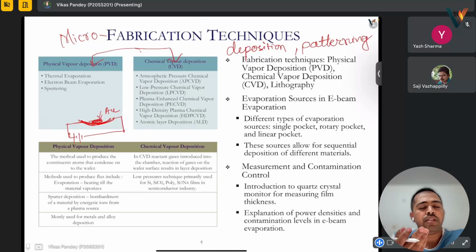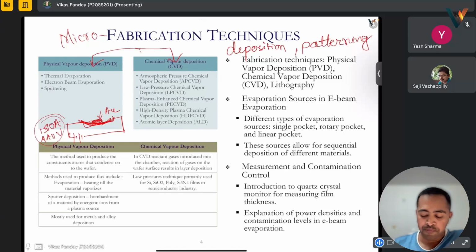In thermal evaporation, generally we go up to 100 or 150 amperes at 440 volts. So you can understand how much power it is. So high that it melts and evaporates the gold, and then we have our substrate on the top and it gets deposited.